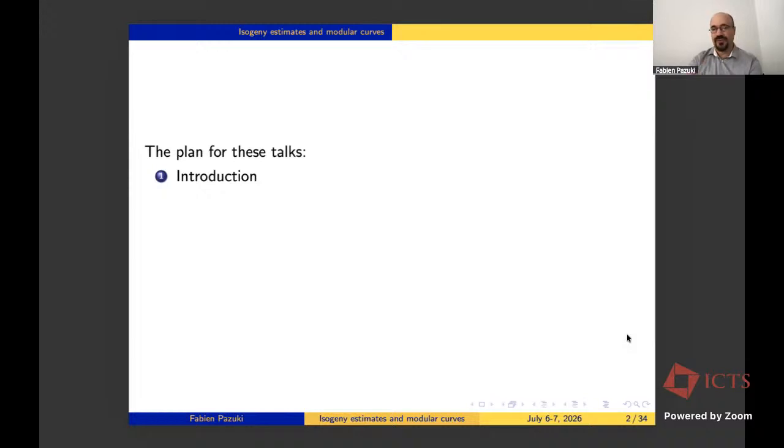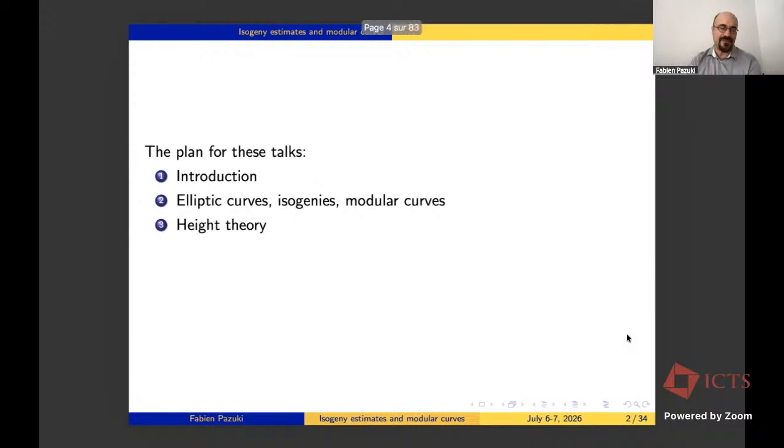I'll start with a general introduction to explain what is the main question that I would like to understand with you. Then I'll remind you of some classical concepts: elliptic curves, isogenies, and modular curves. Then I will do some height theory in various aspects.